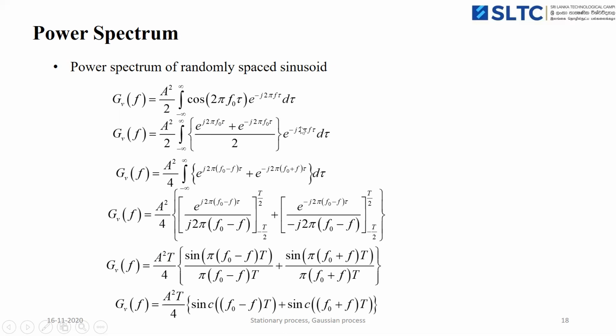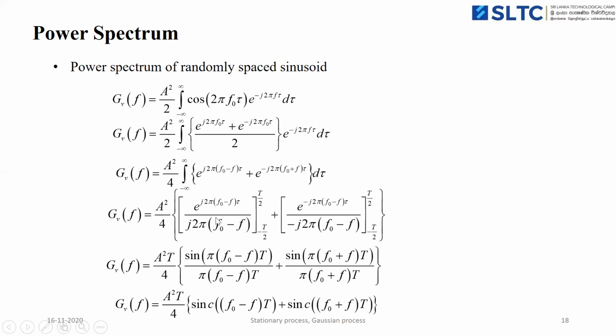By combining e power minus j 2 pi f tau with the inner bracket exponential terms, we get these terms: one is the difference of the frequency components, and one is the sum.